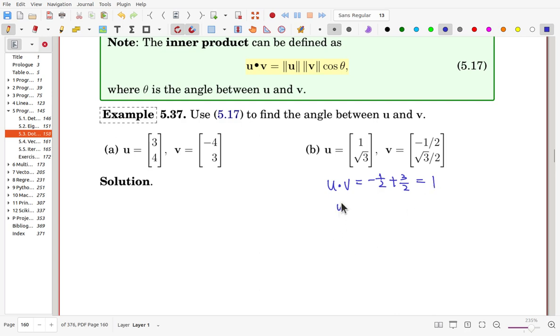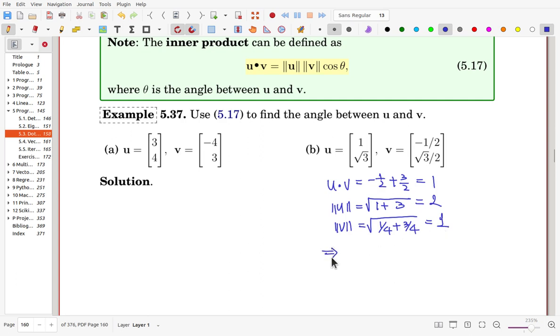Now the norm of U: the square root of 1 squared plus 3 squared is the square root of 4, which is 2. And the norm of V: the first term squared is 1/4, plus the second term squared, which will be 3/4. So the addition must be 1, so that is 1.